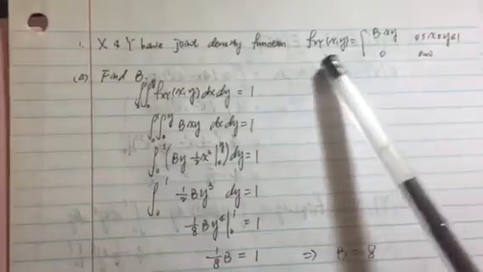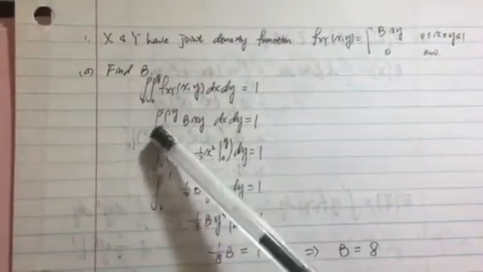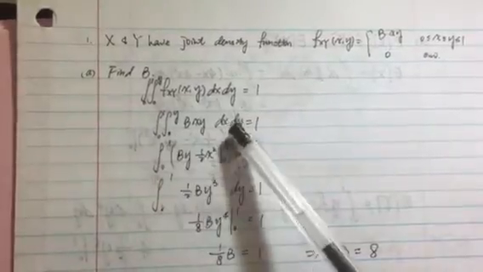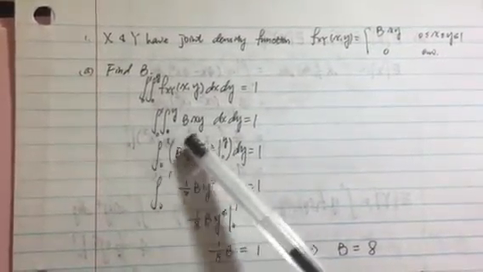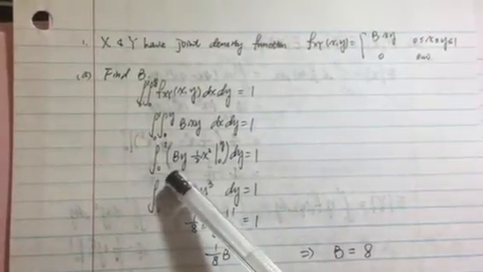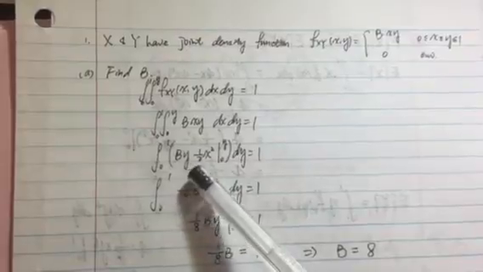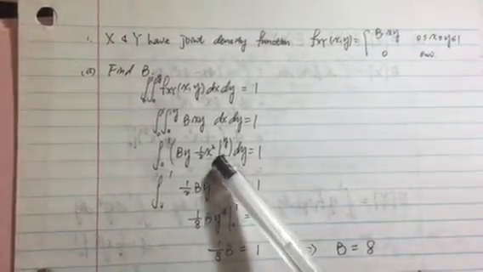So we plug in bxy for the function f_XY here, and we take the integral of bxy dx first, and we get by times half of x squared from 0 to y, and we take this integral bounded by y.